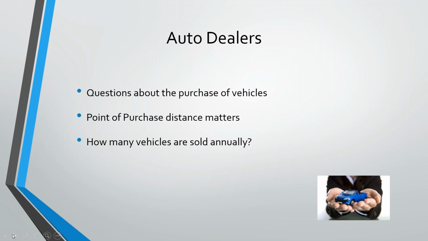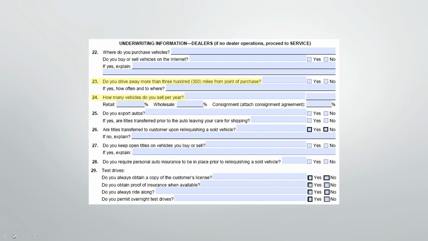The point of purchase distance matters. And she's going to explain a little bit more what that means. And then how many vehicles are sold annually. So some of those could be rating factors, but they're definitely exposure factors. So I'll let Teresa tell you all about it.